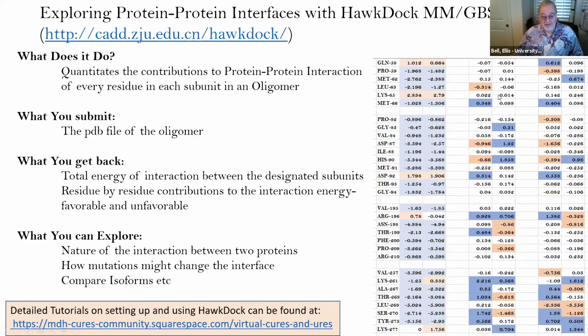And then if you make mutants, you can compare, these are the delta Gs for individual residues. So you can see which residues change, etc. So, you can explore the nature of the interaction, how mutations might affect the interface. You can compare isoforms, things like that.